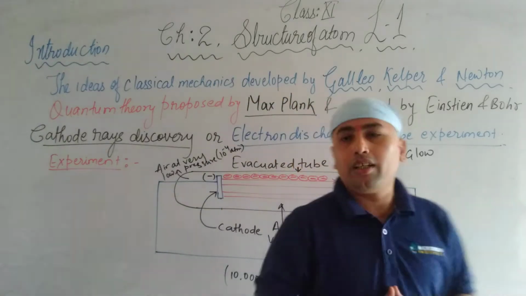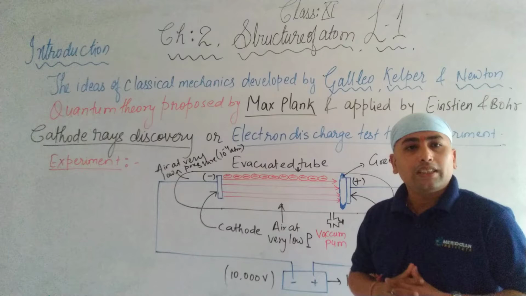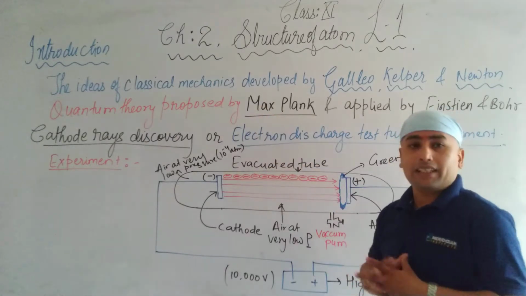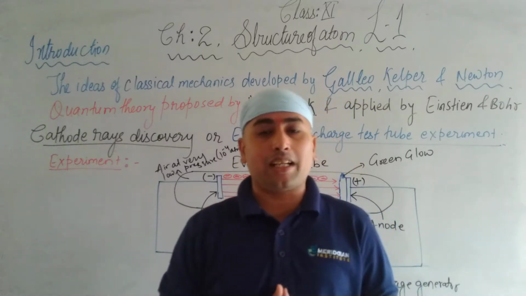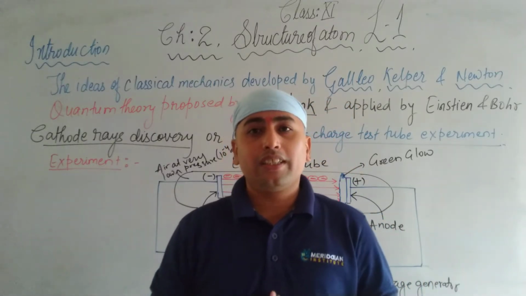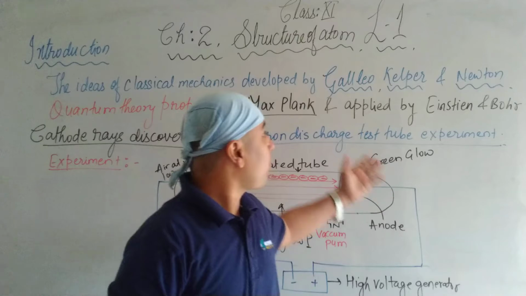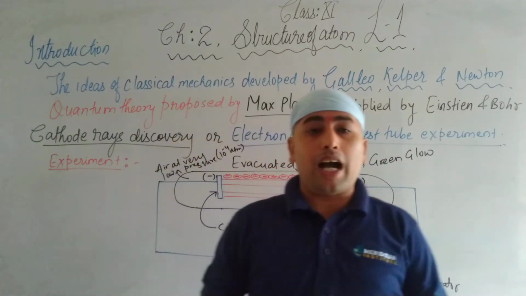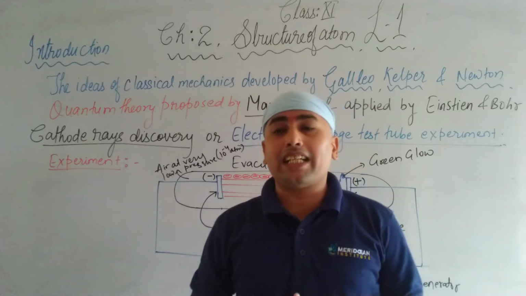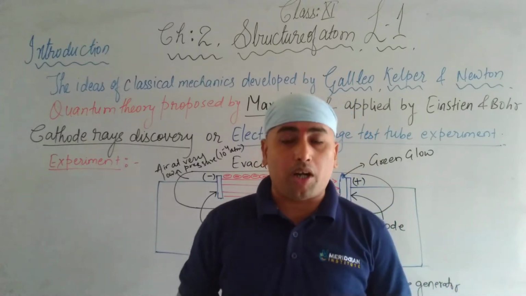As you can see here, I have already written on the board the ideas of classical mechanics. After quantum mechanics and classical mechanics, you must know about it. These ideas were developed by Galileo Galilei, Kepler and Newton. After them, these ideas were developed into atomic models.